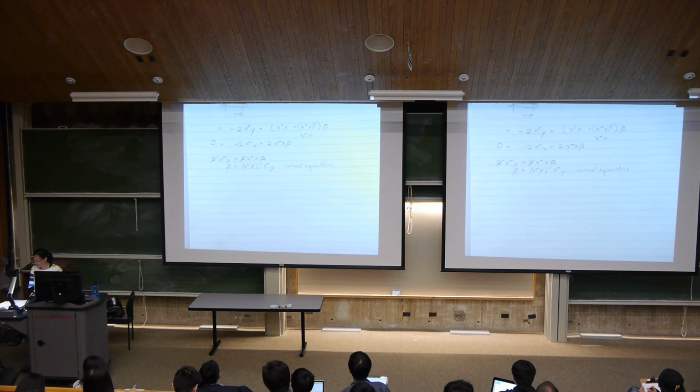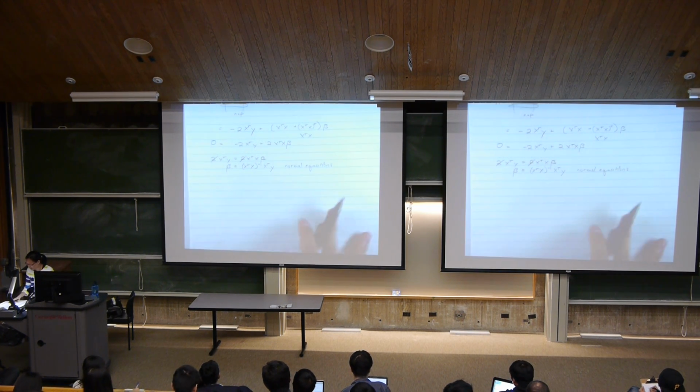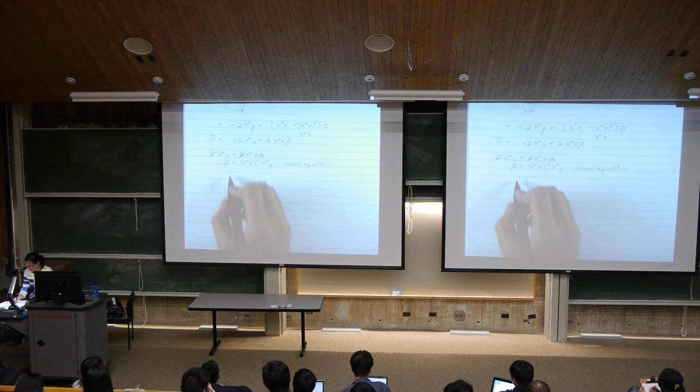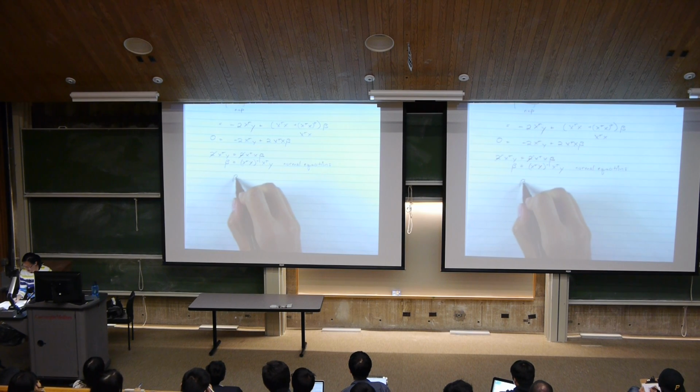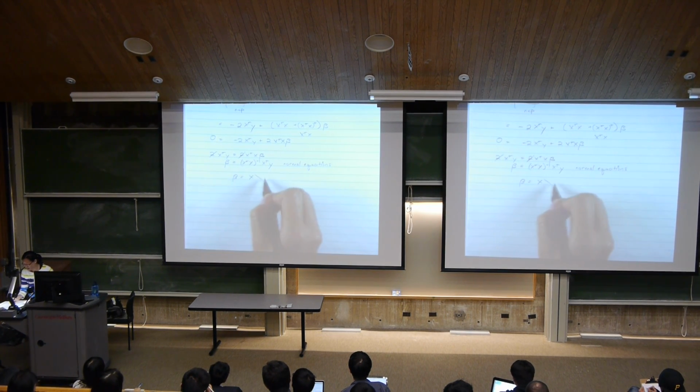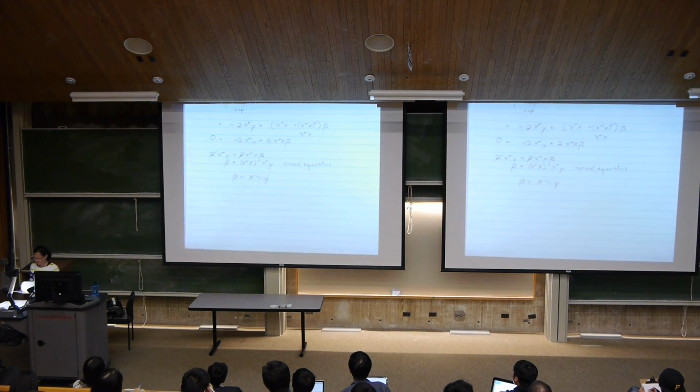The way you solve this in MATLAB is you can implement it explicitly, but it's not very stable. So the way you would implement it in MATLAB is to just do beta equals x backslash y. This is the derivation.